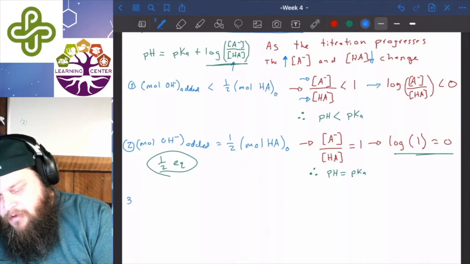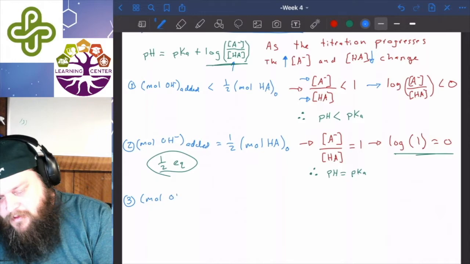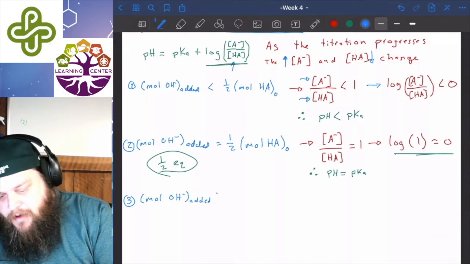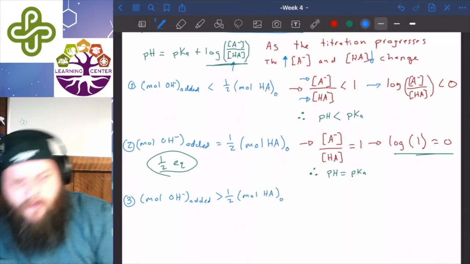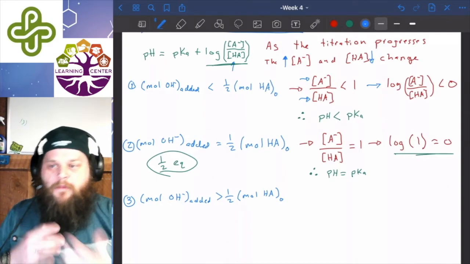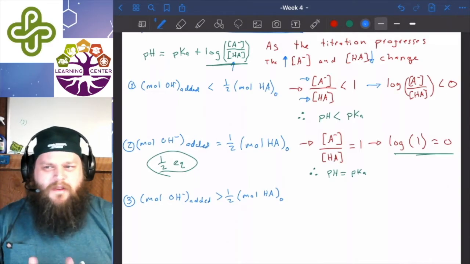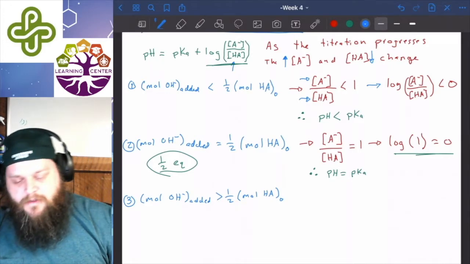The third situation is when the moles of OH minus added is going to be greater than 1/2 of the initial concentration, or the initial moles of HA. I say moles because you can use that concentration to find the moles, and it's the number of moles that's really important in that situation.